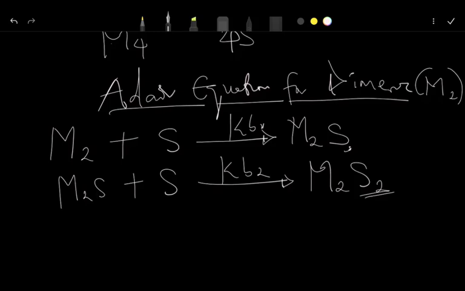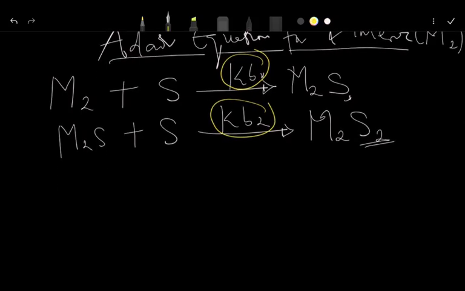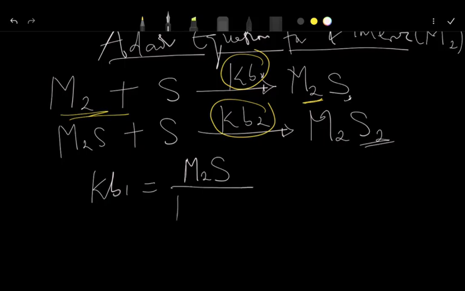So now let's pick our binding constant. My binding constant there is KB1, which is equal to the product over the reactant. Are you there with me? So we have M2S, which is the product, all over the reactants, which are M2 in bracket and S in bracket.